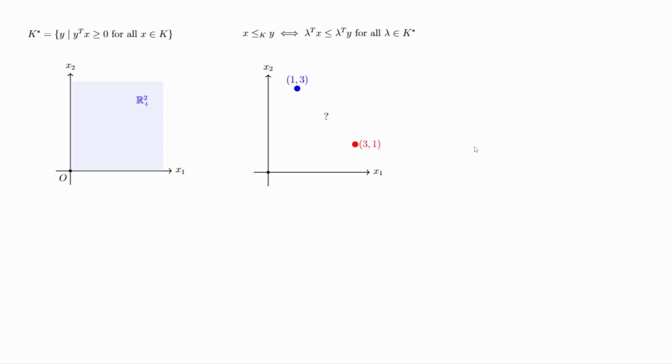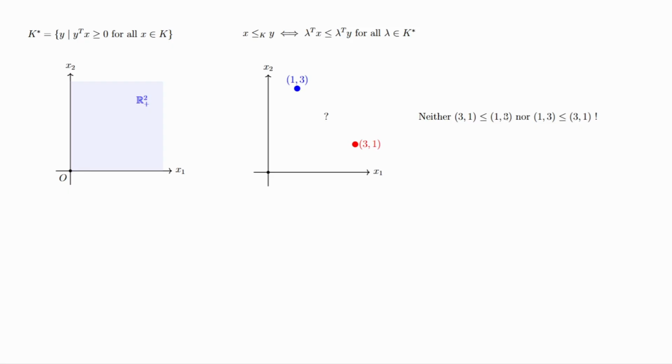It turns out no, because neither one is less than or equal to the other. Just to be clear, the point (3, 1) is not less than or equal to (1, 3) under R2 positive, nor is (1, 3) less than or equal to (3, 1).